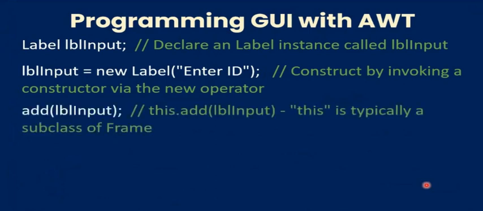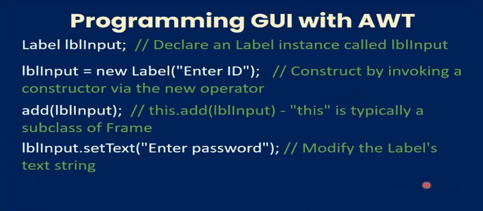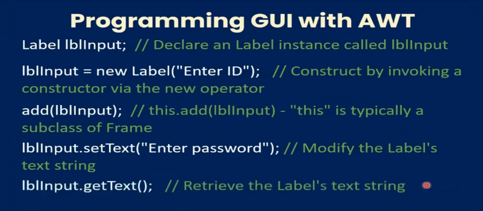And add this type, actually a subclass of Frame. Then modify the label's text string. We will apply this in the activity so you can better understand what happens. Retrieve the label's text string using getText.